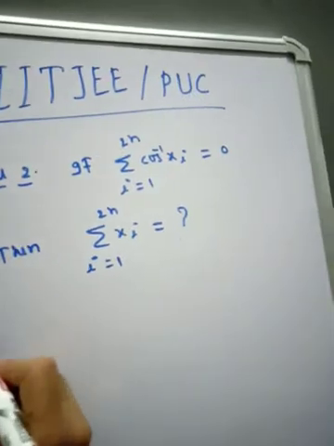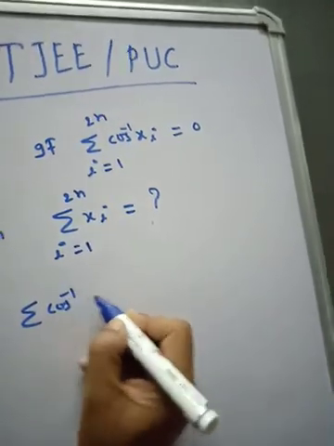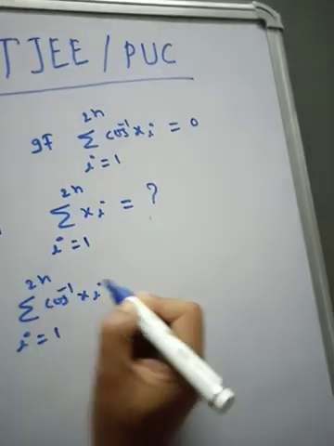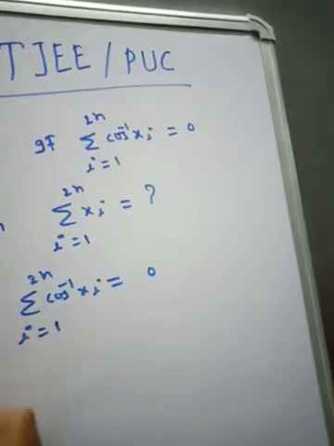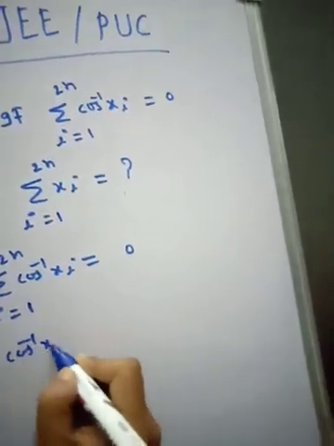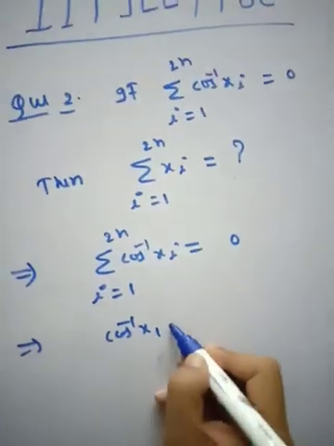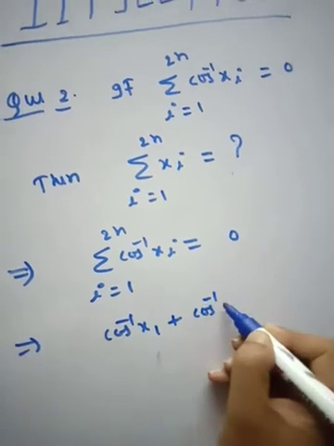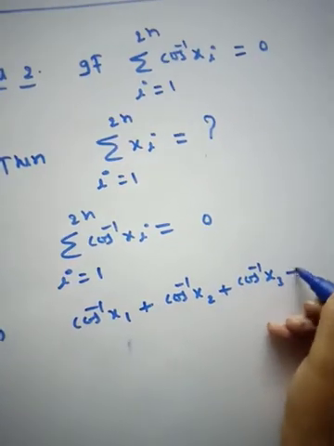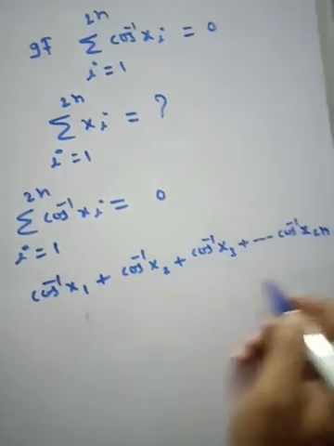So here the sum of cos inverse xi, i equal to 1 to 2n, equals 0. That means it becomes cos inverse x1 plus cos inverse x2 plus cos inverse x3 plus, and so on, up to cos inverse x2n, the last term.